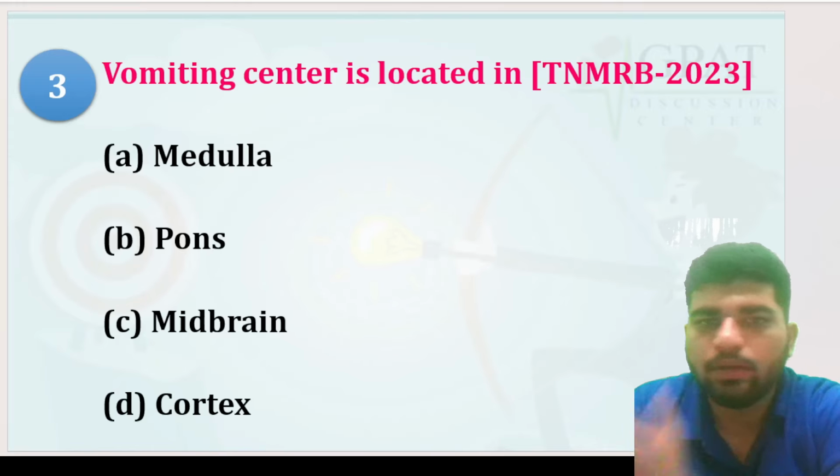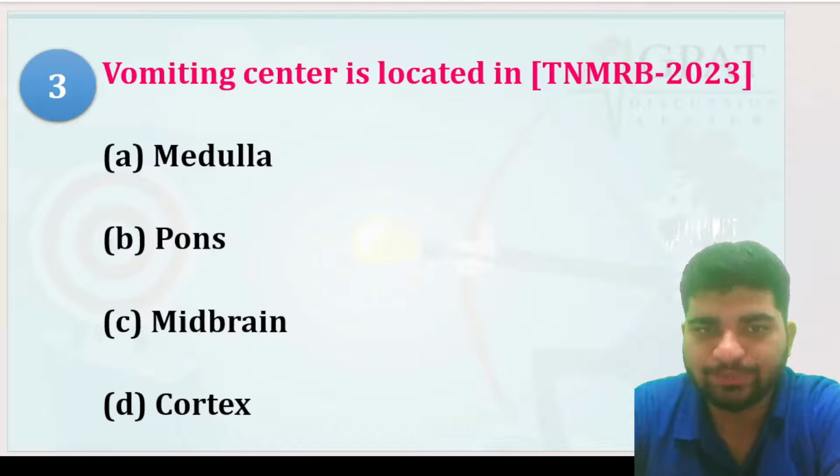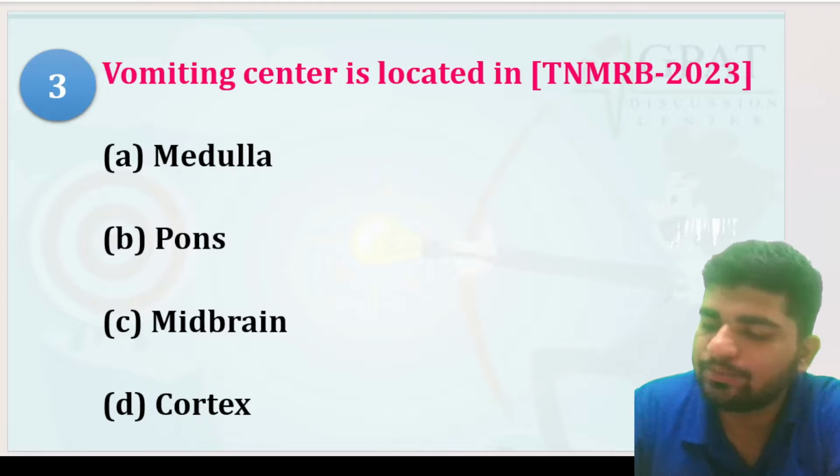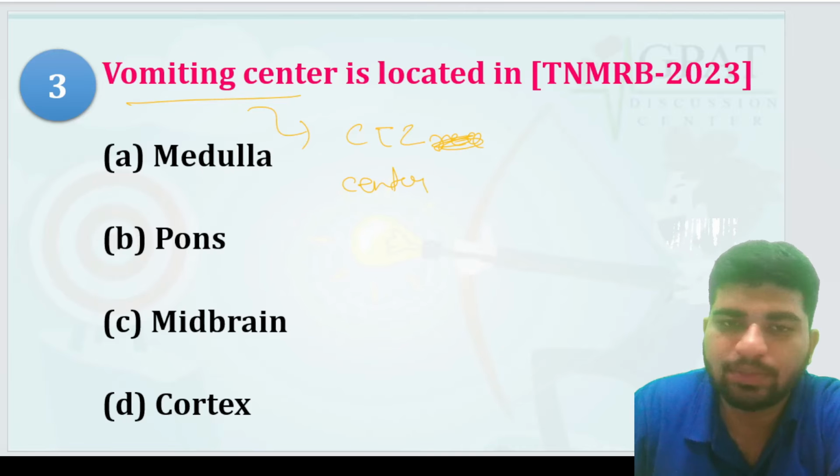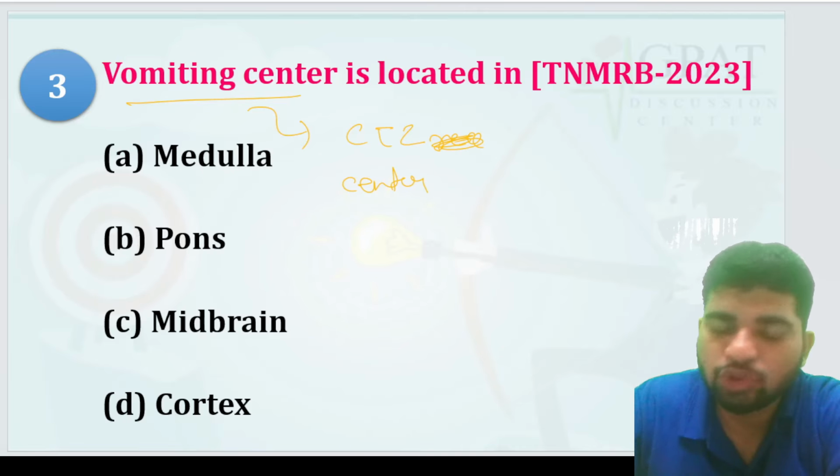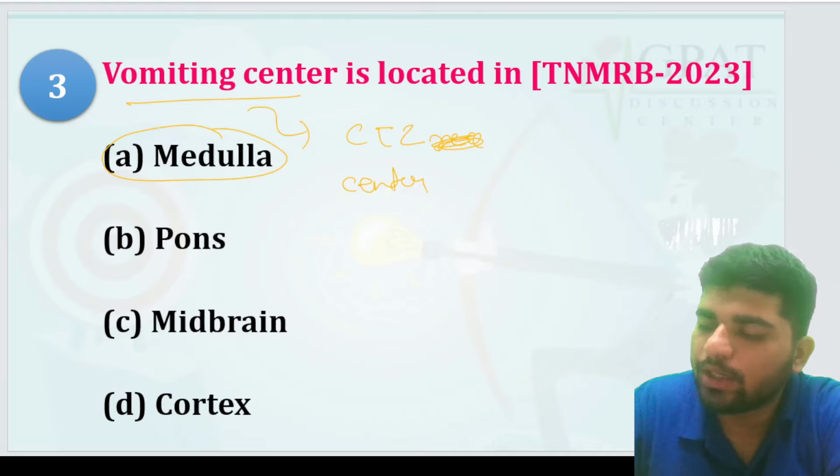Vomiting center is located in? Specifically, the vomiting center is the CTZ, not receptor. It is the CTZ, that is the chemoreceptor triggering zone, and it is located inside the medulla.